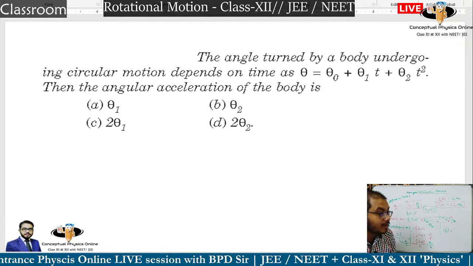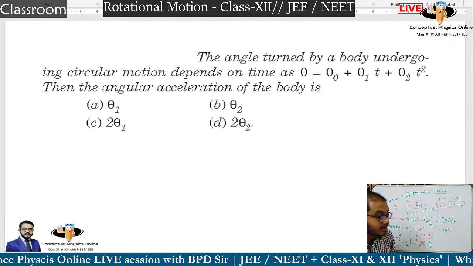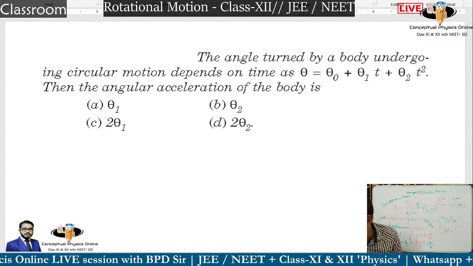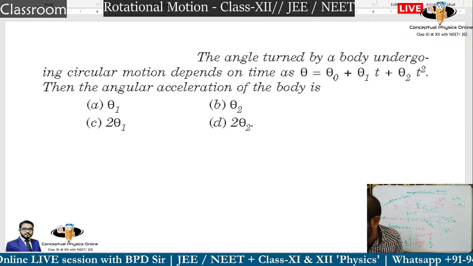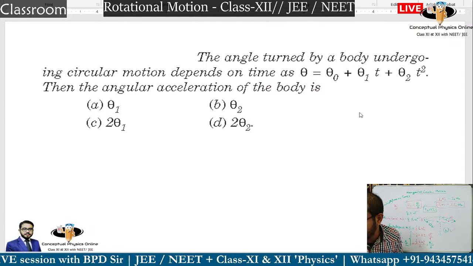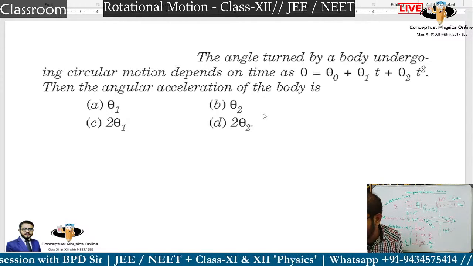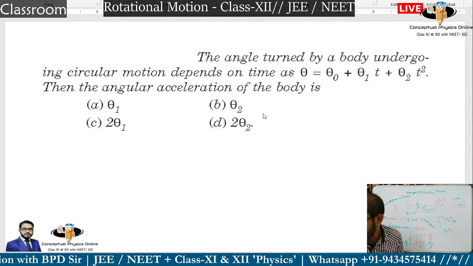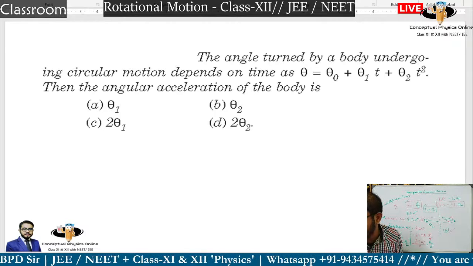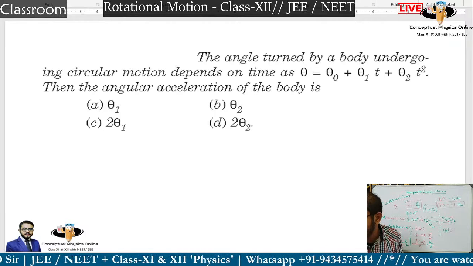Then the angular acceleration of the body is, it is a very easy one. You don't need to do much complex calculation for this. If anyone is there, please write the correct option over here.